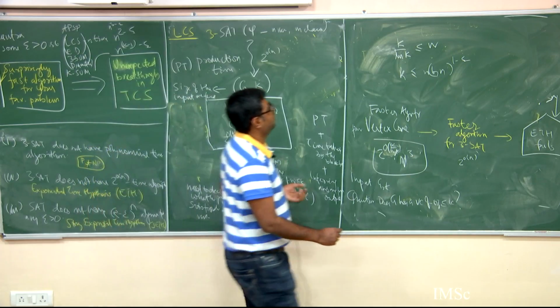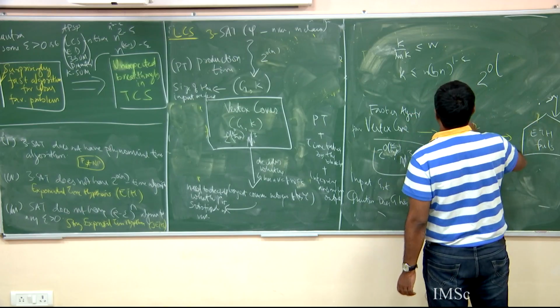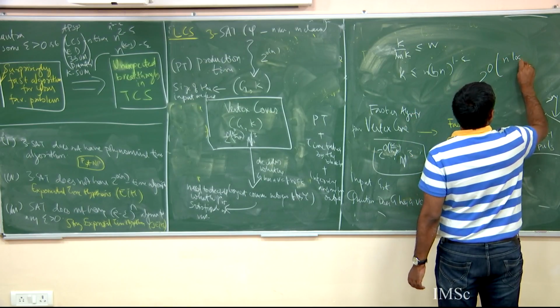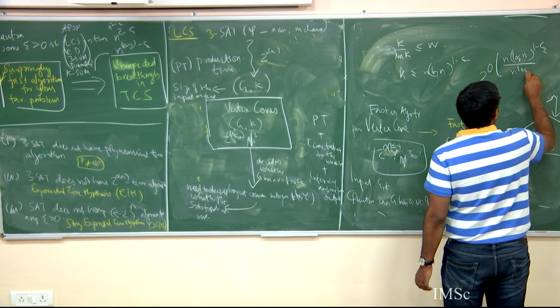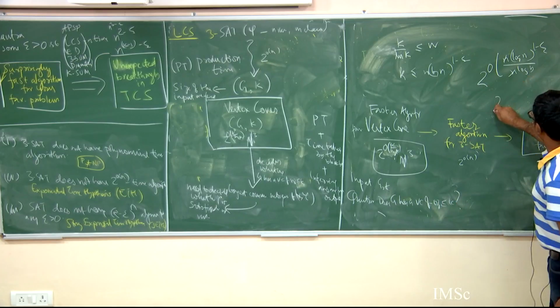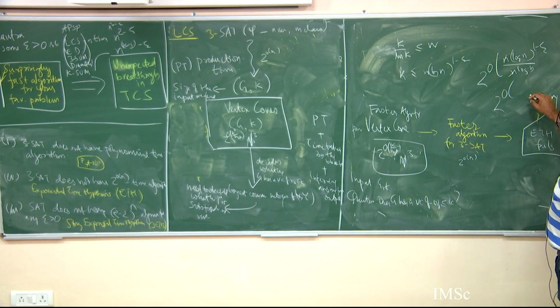Because now let's see what will happen. 2 to the power big O of n log n. Let's see, 1 minus epsilon n log n, right? So it is like 2 to the power big O of... Did I do something wrong?